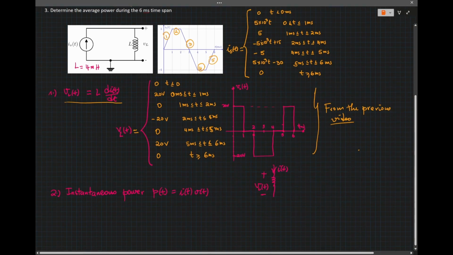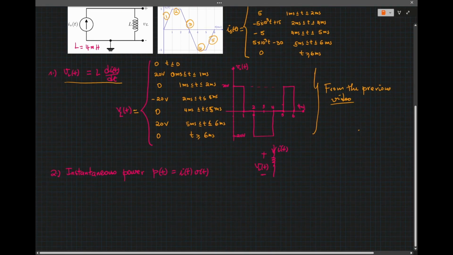So what we wanted to do here is to answer question 2, when we are asked to find the instantaneous power. An inductor is a passive component. So the current I of t and the voltage across the inductor VL of t.